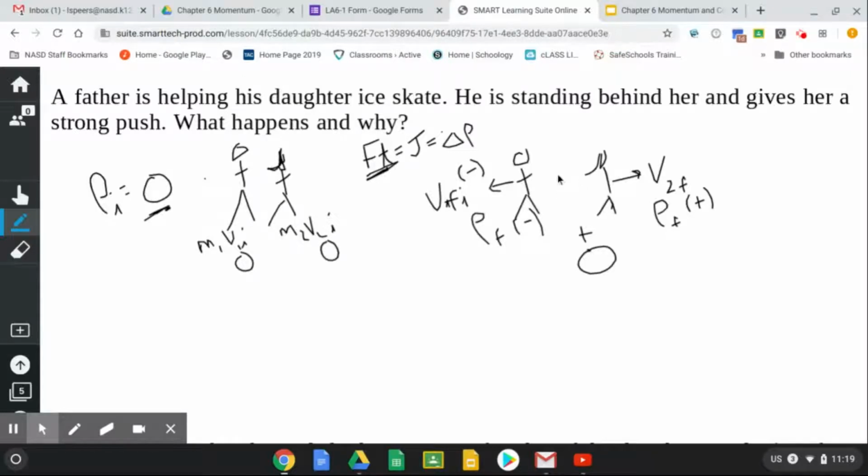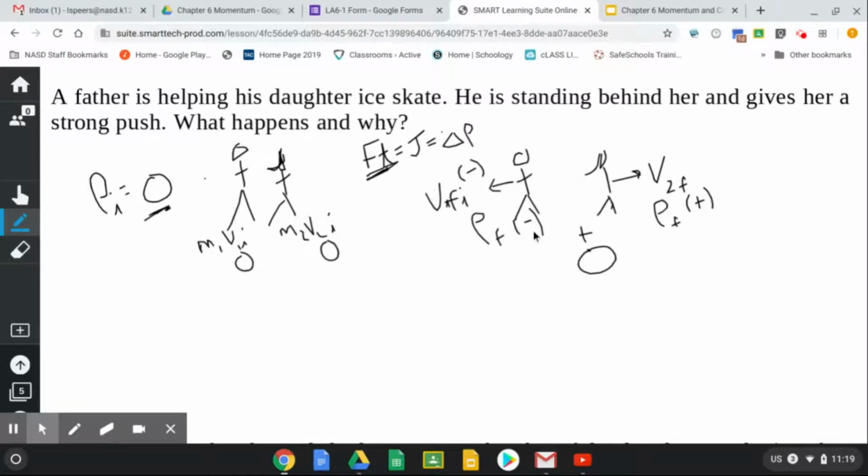Probably not, unless they have equal masses, which a father and a daughter probably aren't. The daughter is probably going to have a smaller mass than the father. So the daughter is going to have a larger velocity in magnitude than the father.